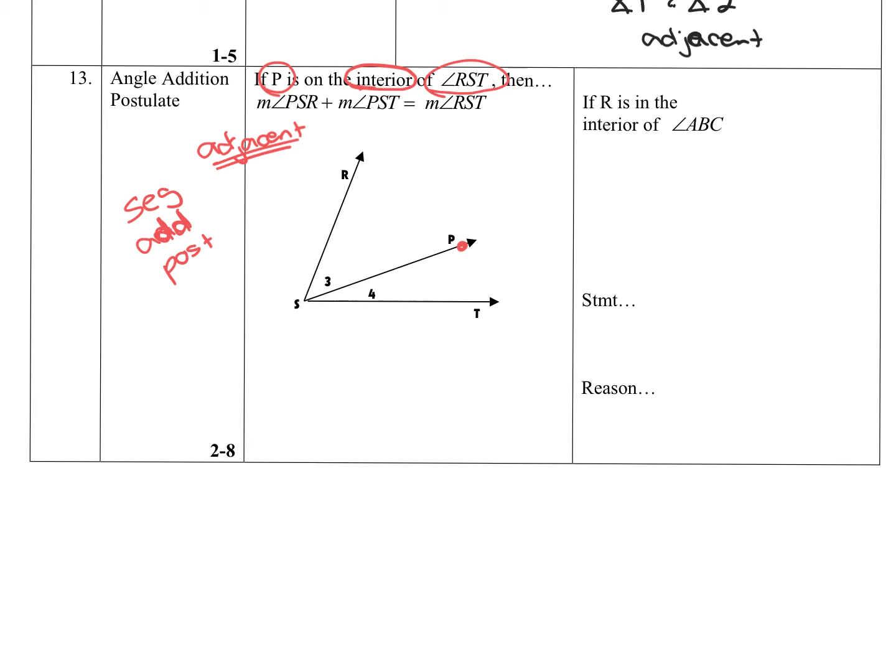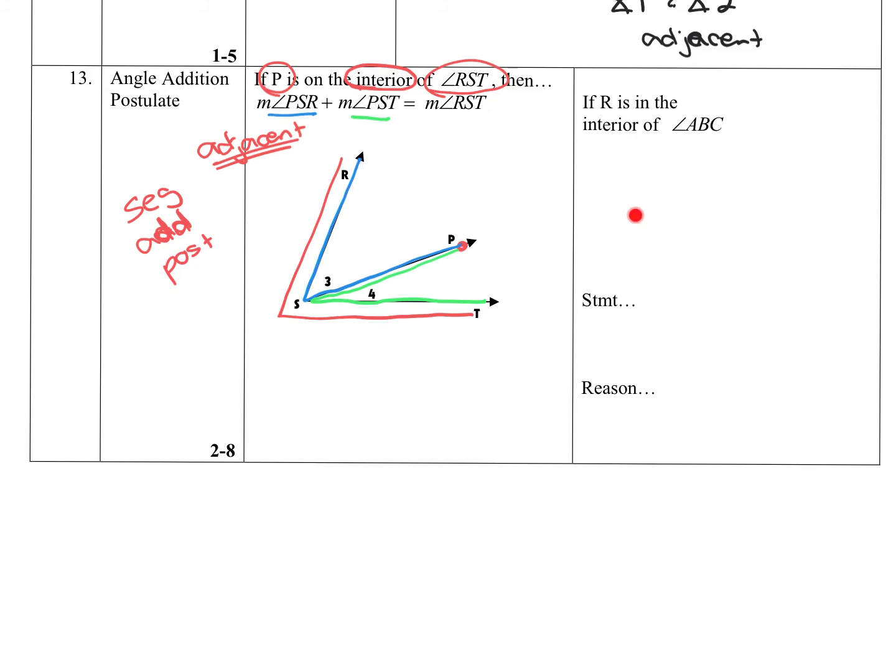Notice the two angles are not the same. That means that angle PSR, that's this one, and angle PST, that's this one, will add together to give us the whole angle of RST. So we can see those add together.